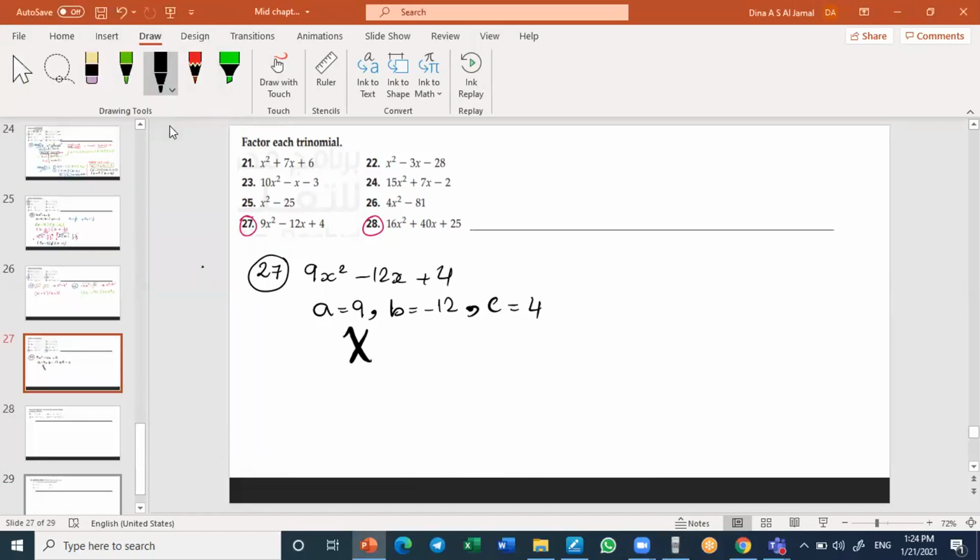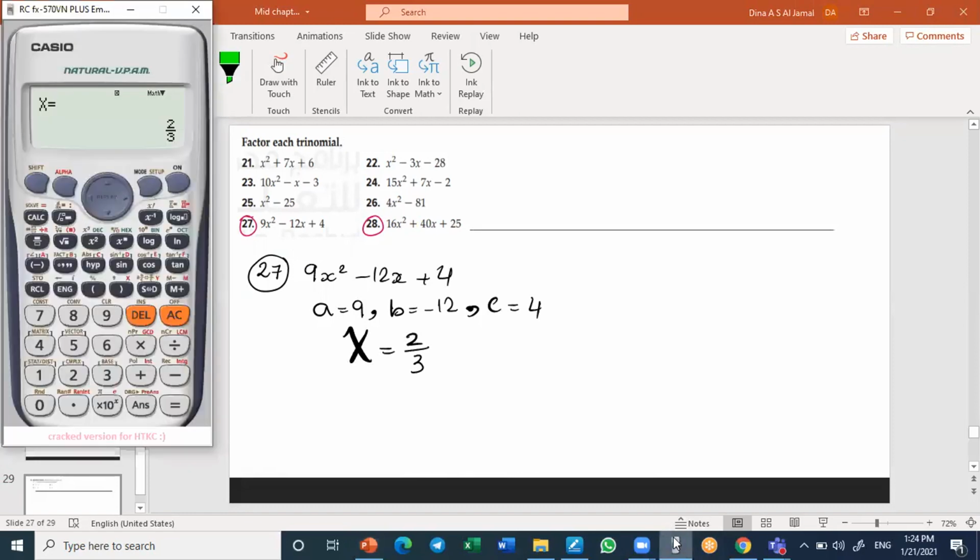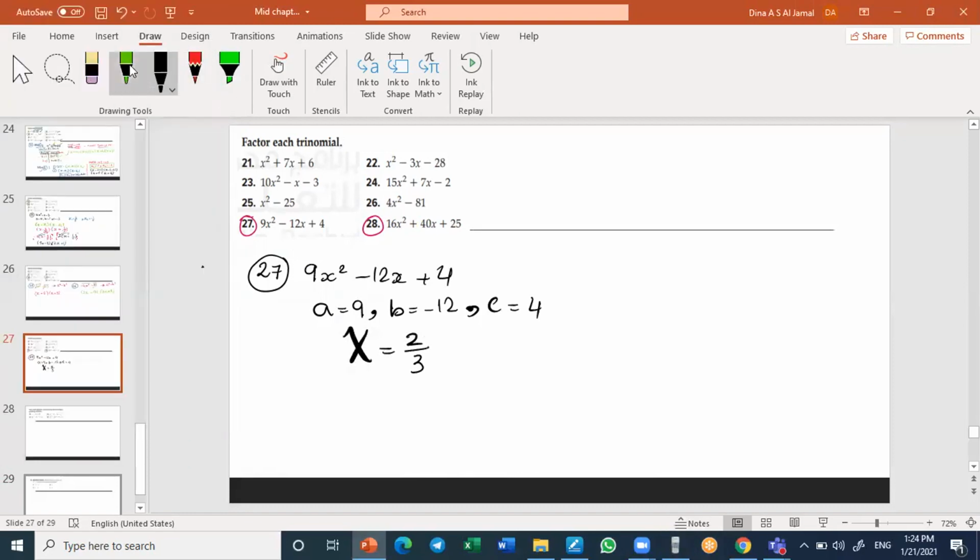What the calculator means when it gives you only one of them is that you are having a repeated root.